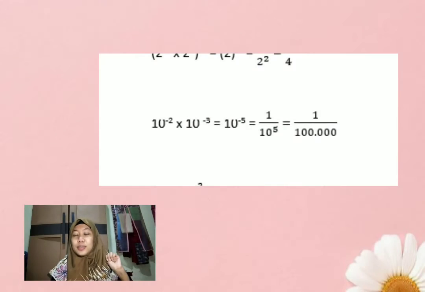Number 4, 10 raised to minus 2 times 10 raised to 3 equals 10 raised to minus 5 equals 1 over 10 raised to 5 equals 1 over 100,000.